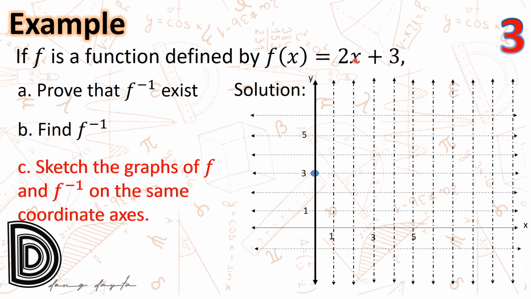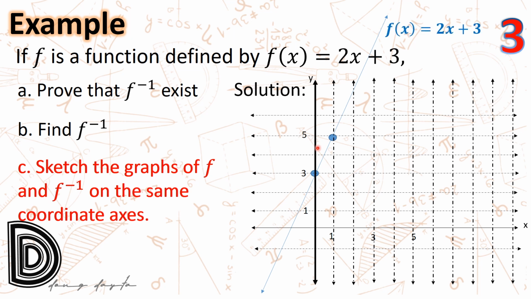And then this is an equation of the line where we know that this is in the form y equals mx plus b. So the slope is 2. So from this point 0, 3, we count 2 units going up and 1 unit going to the right, and that will be our second point on the line. And the coordinates of this is 1, 5. So this now is the line for f of x equals 2x plus 3.